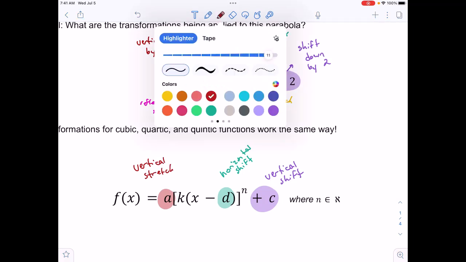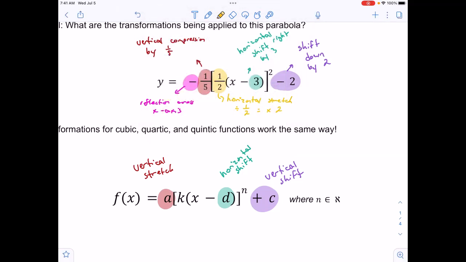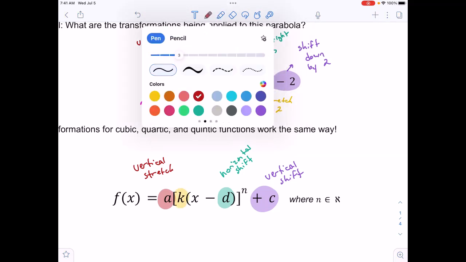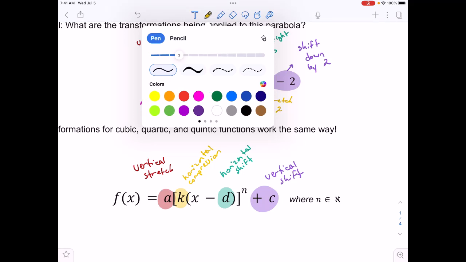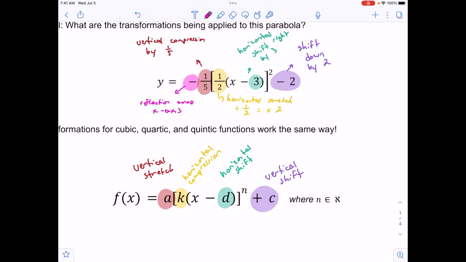And k is going to be your horizontal, in this case, compression, until we know otherwise. And also recall that any reflection is built into the a value. So I'm just going to put a comma and say reflection. I should say vertical reflection.